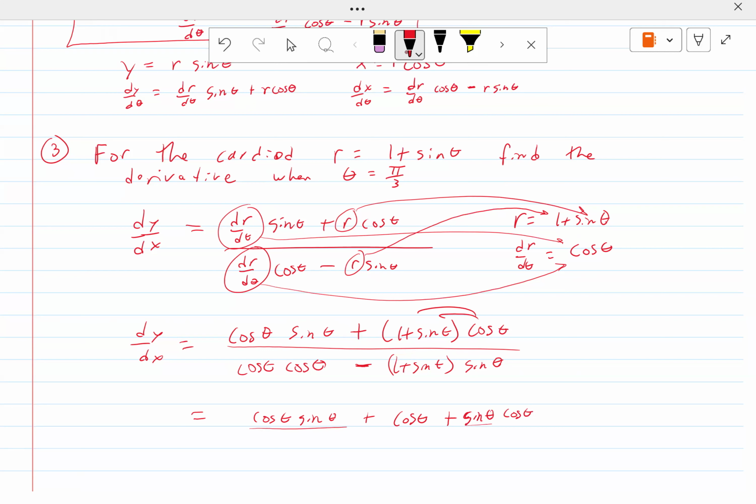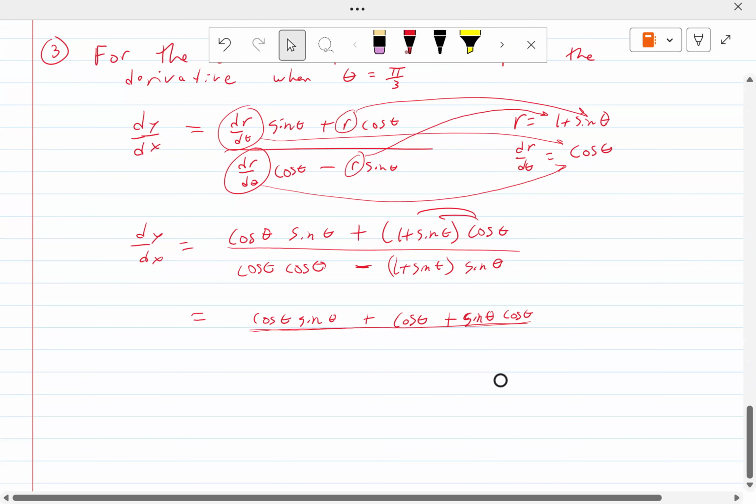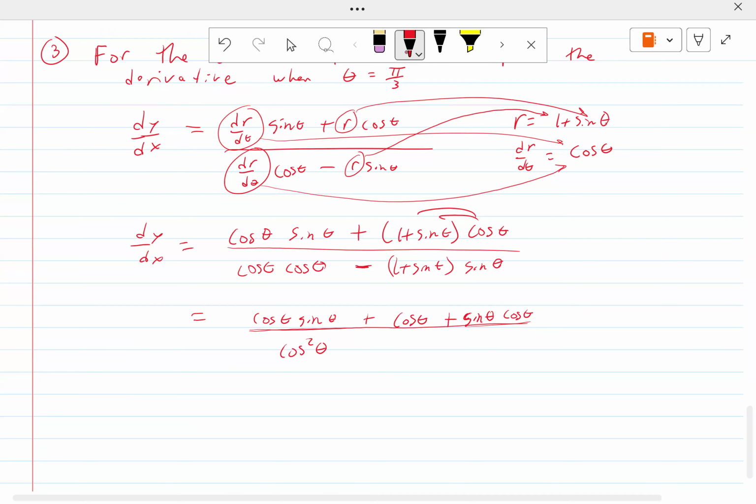So I've got two of the same thing here on top. And then we've got a cosine squared theta minus, distributing the negative and the sine at the same time, sine theta minus sine squared theta.